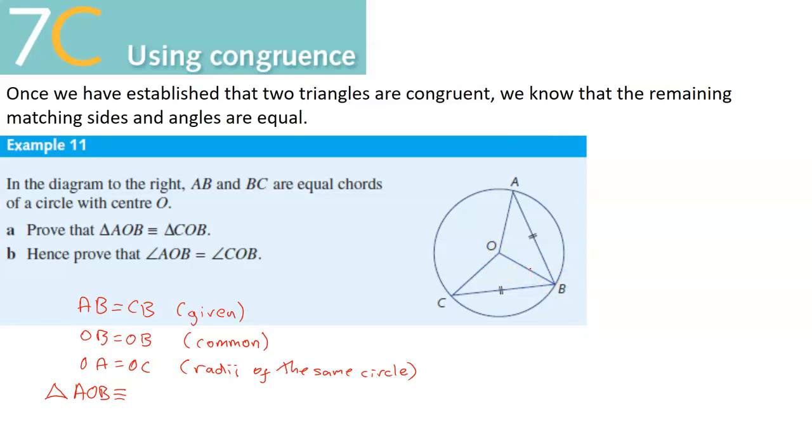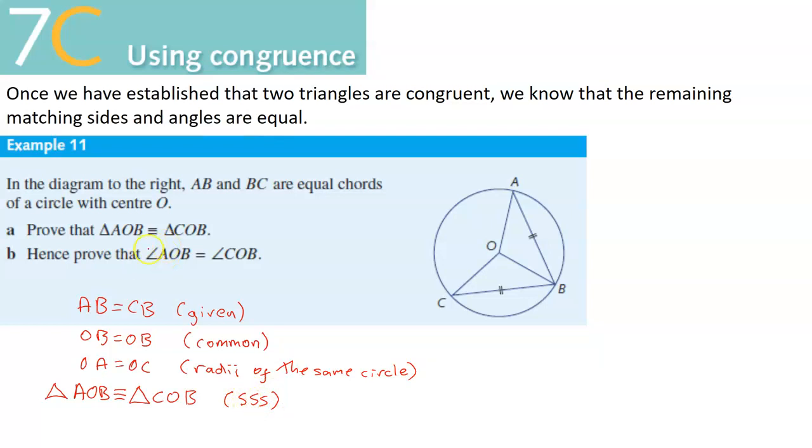However, in this case it's not actually going to matter because all of these 3 lines are radii. As long as my O goes in the right place and my B goes in the right place, then the A and the C will fall into the correct place. So AOB is congruent to COB. Remember, you need to give your reason, side, side, side.